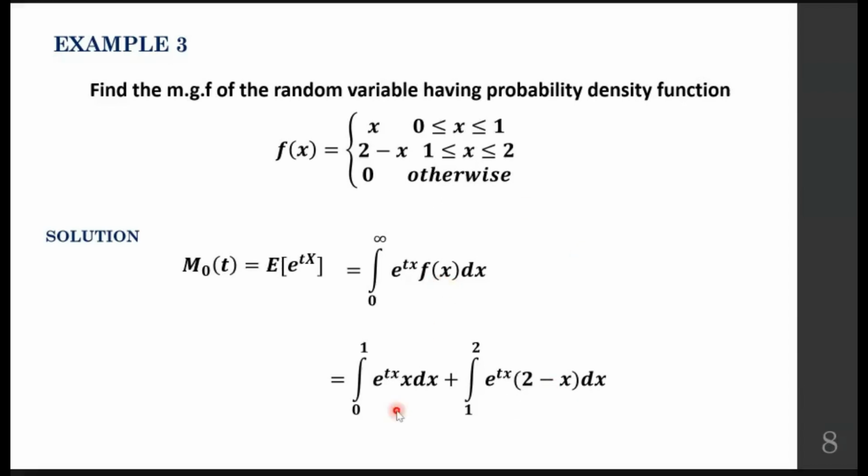So here in place of f(x) we put x, and here in place of f(x) we put 2 minus x. So integrate both the terms, apply the upper limit, lower limit, and then find the M0 of t.